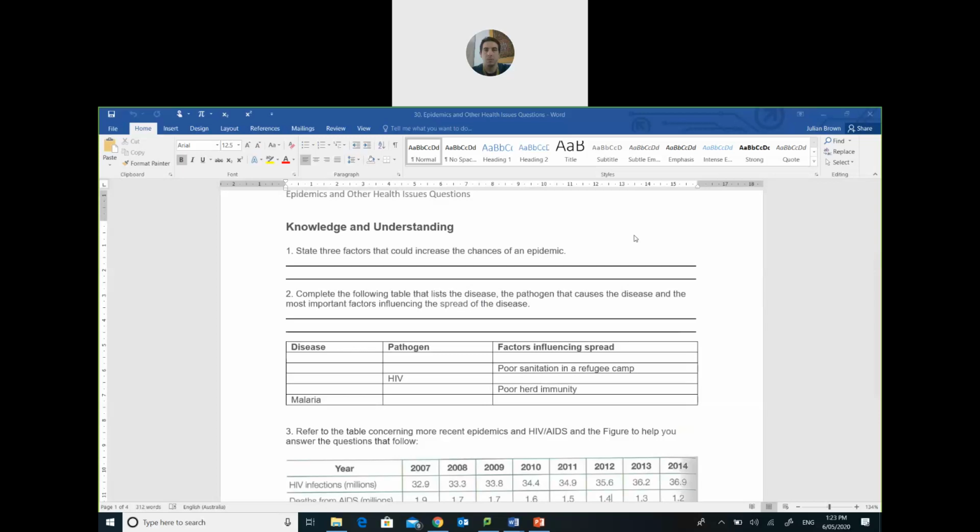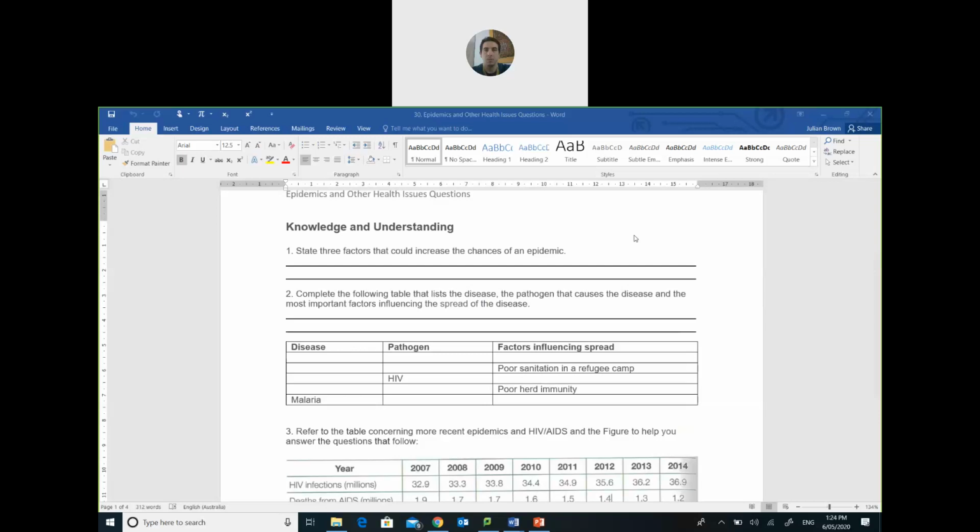We could have the shift from an animal virus or an animal strain to a human. If that mutates and becomes able to infect humans, that can have a big impact, because the majority of the main epidemics and pandemics we've seen have been from viruses or pathogens that started in animals and then transferred to humans, right?